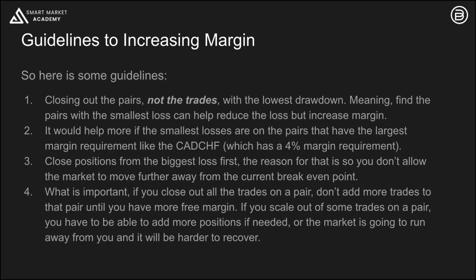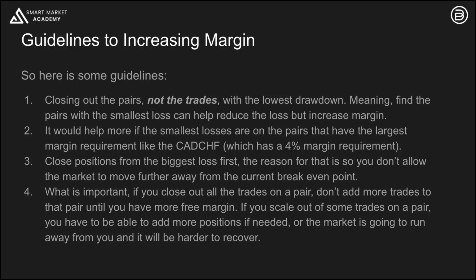Number one, closing out the pairs. So not closing out one order, but closing out the whole pair. Not the trade, the whole pair. What you can do is look at closing out the pair with the lowest drawdown.